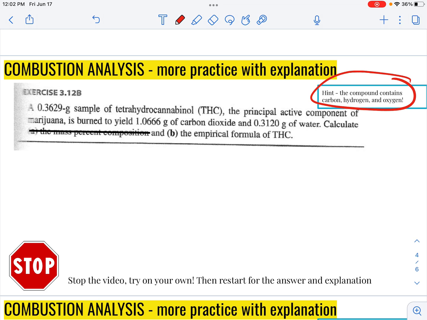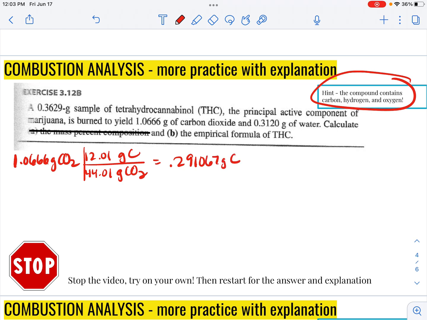Okay, so I'm going to do 1.0666 grams of CO2. And I'm following the same pattern, grams of CO2 to grams of C, 12.01 to 44.01. And that gives me 0.291067 grams of carbon.